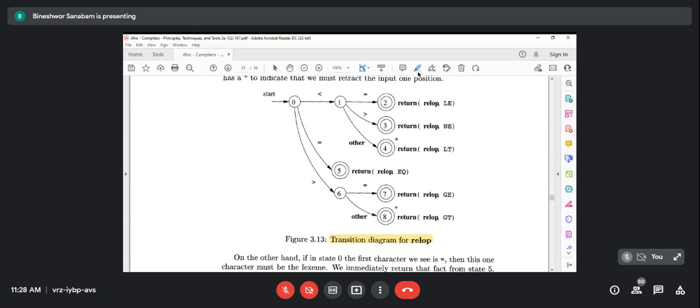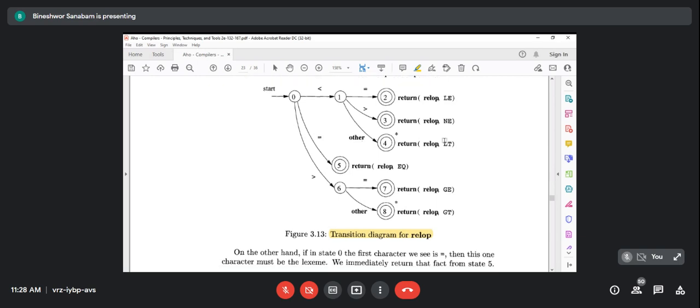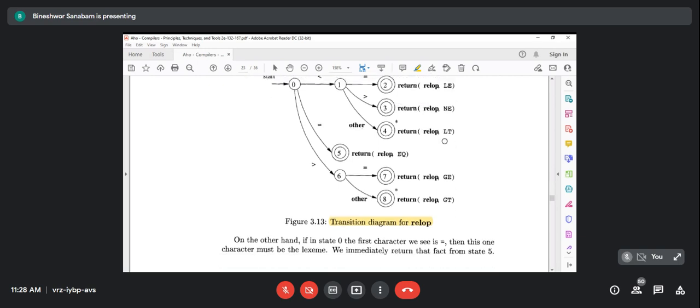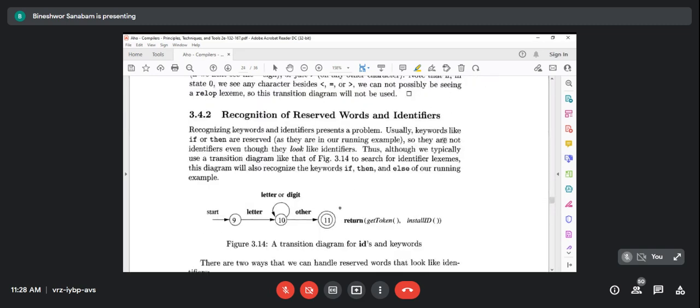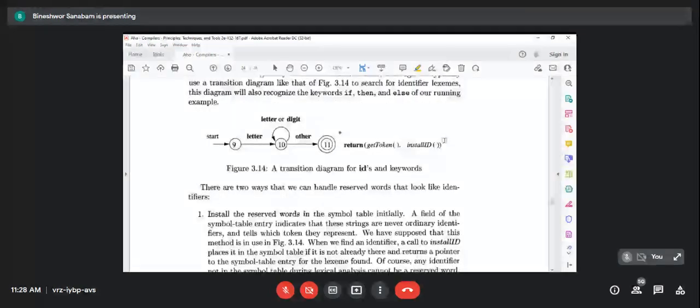So transition diagrams also help in identifying the tokens correctly. For identification of these tokens correctly, we may use other tools also.